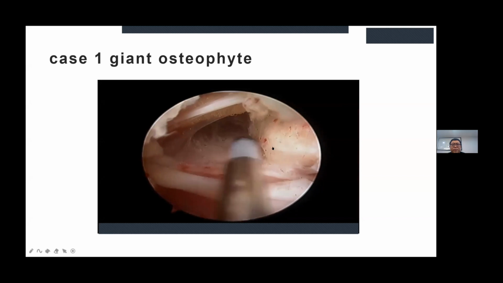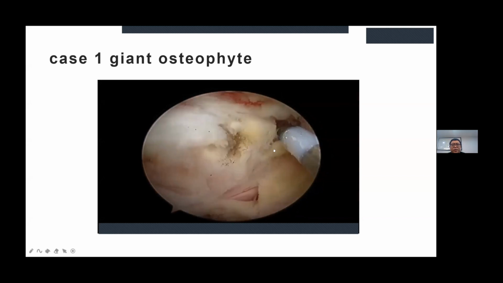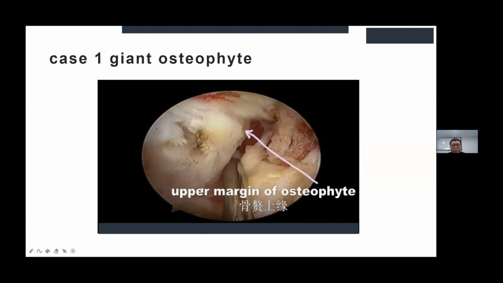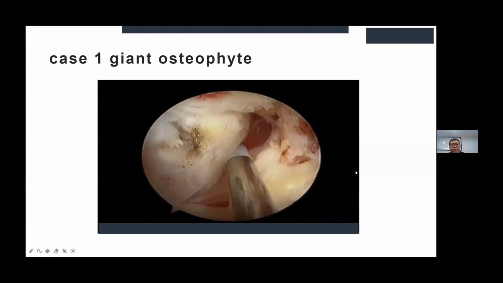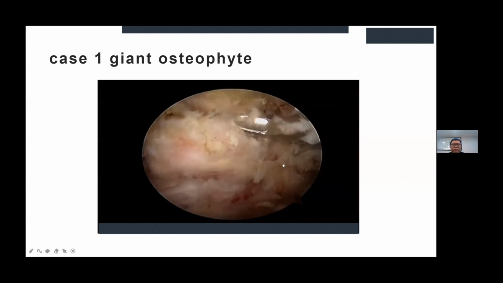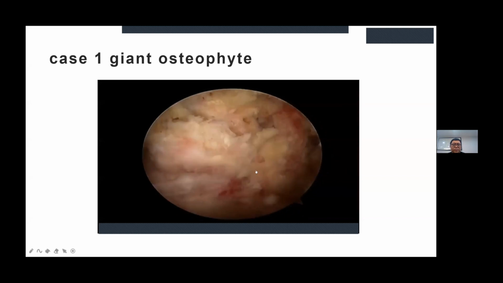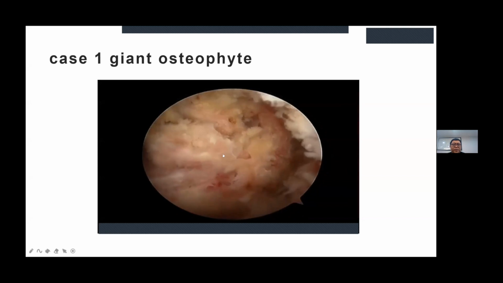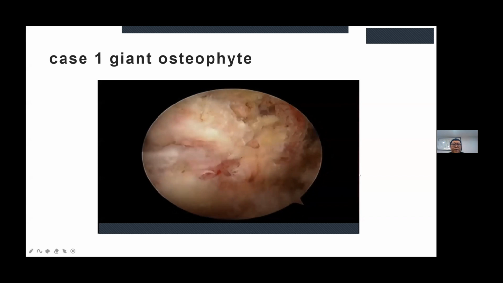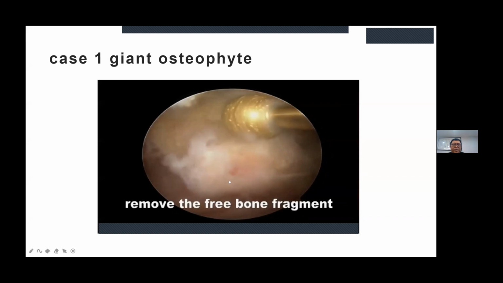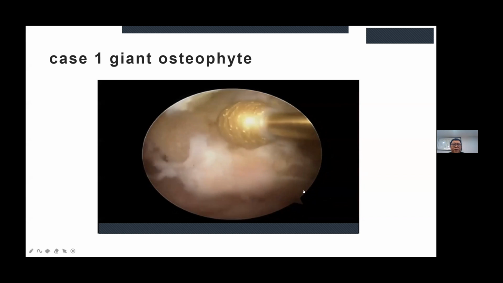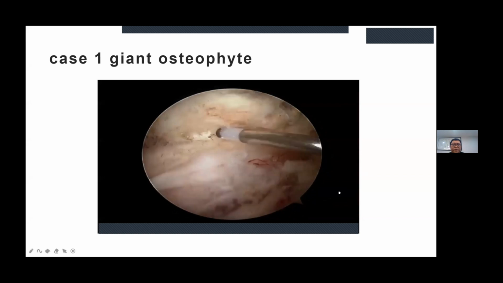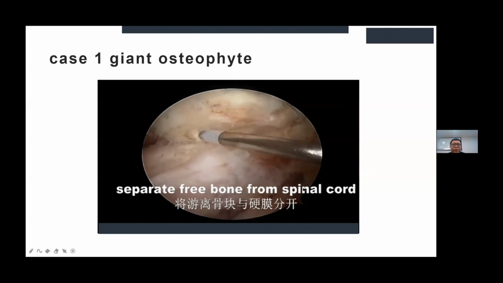I use a small IF. This is the upper margin of the osteophyte. You can see the free bone fragment. I remove the free bone fragment. Separate the free bone from the spinal cord.